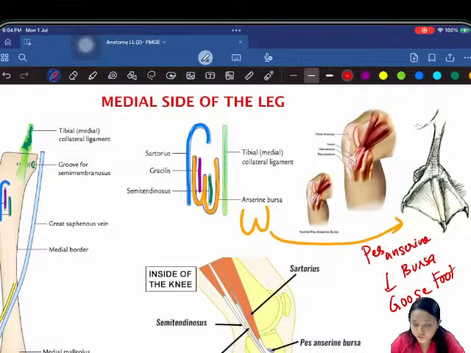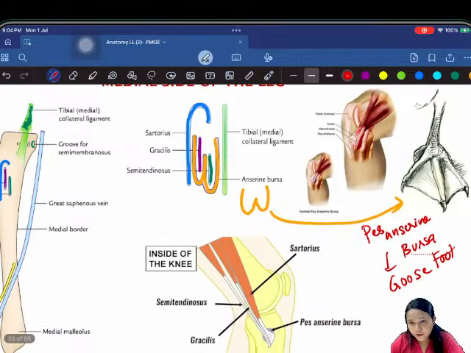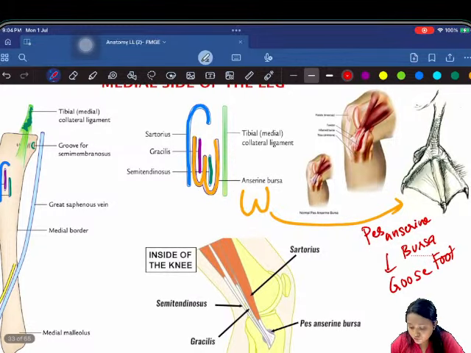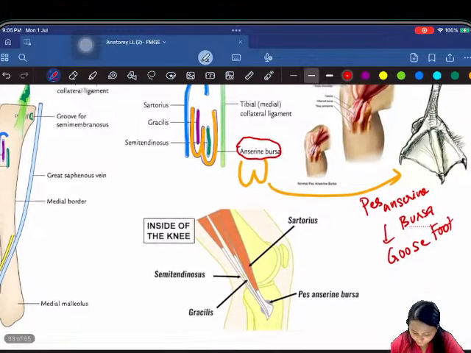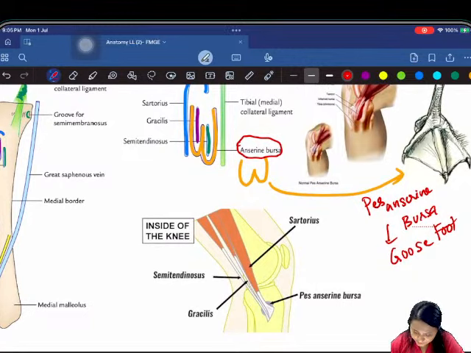So you know that goose का foot ऐसा होता है ना? So this bursa looks like a goose foot and that's why the name is known as the pes anserine bursa. You can also call it an anserine bursa. ठीक है? So you can see here there is this muscle that is the sartorius. ठीक है, इधर insert हो रहा है.